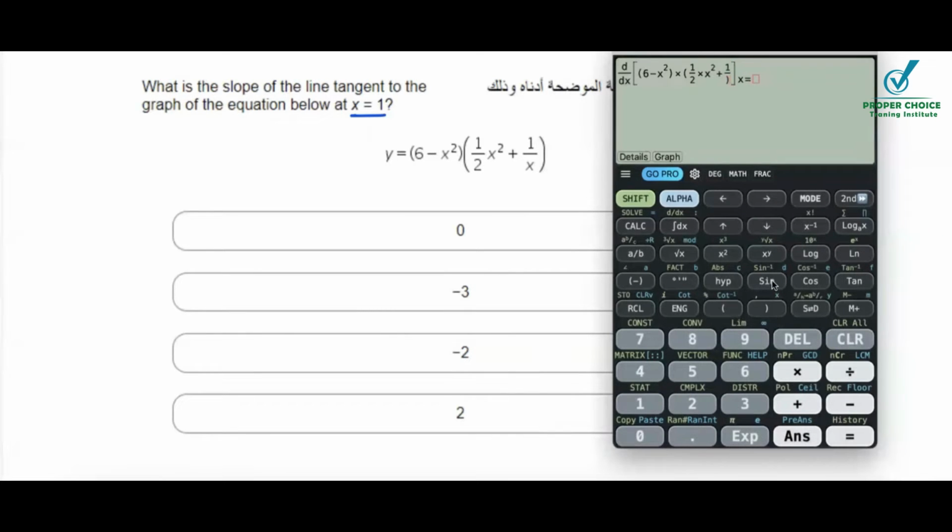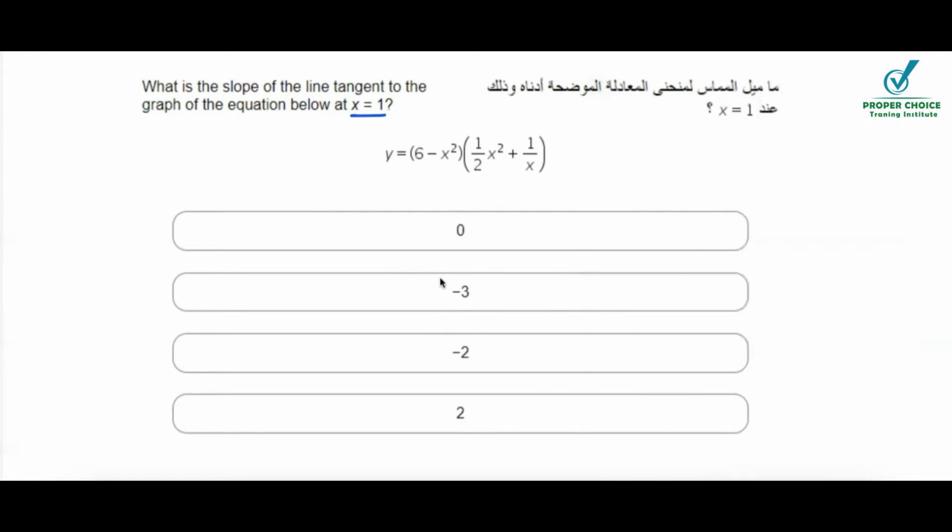It should be 1 by x, then close the bracket. At what value did they ask us to find the slope? At x equals 1. So substitute the value of x as 1 at the end. Press equal, and you'll get -3. So the slope of the line tangent to this one is equal to -3. B is the right choice.